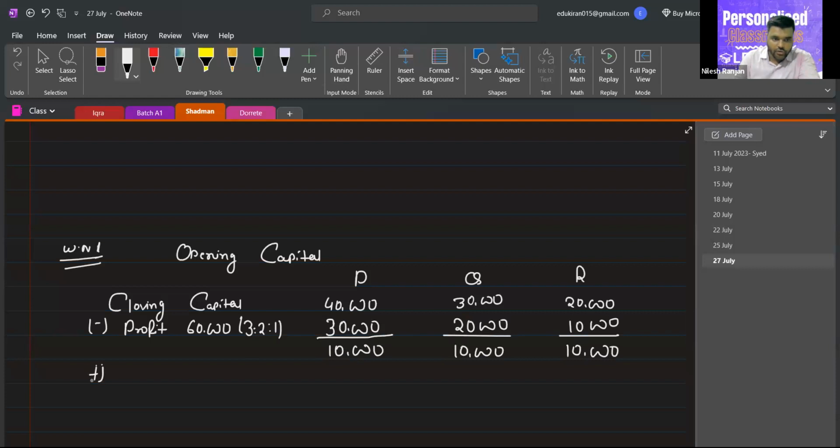Now we will add drawings, because drawings were deducted before. Items which were deducted will be added, and items which were added will be deducted.